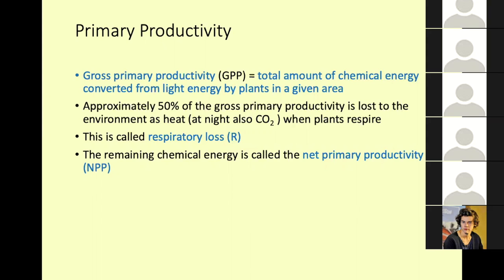And so there'll be a whole lot of sunlight reaching the earth that will never get even absorbed in a plant. And the reason for that is, as you've learned in photosynthesis, that plants tend to only absorb energy in a specific wavelength. So there's whole wavelengths of light that are not even being absorbed by the plant, and they're just being reflected.